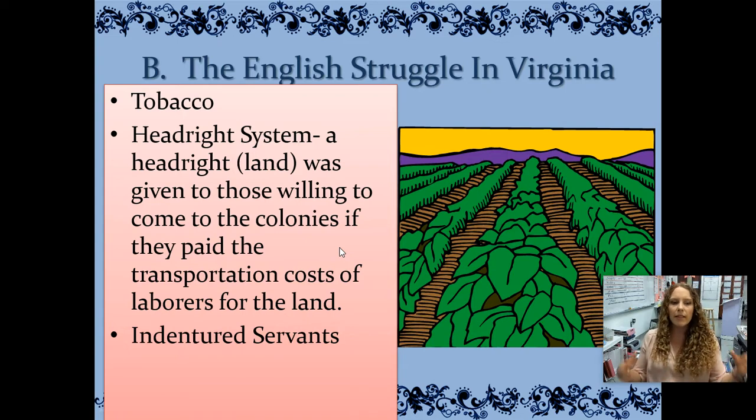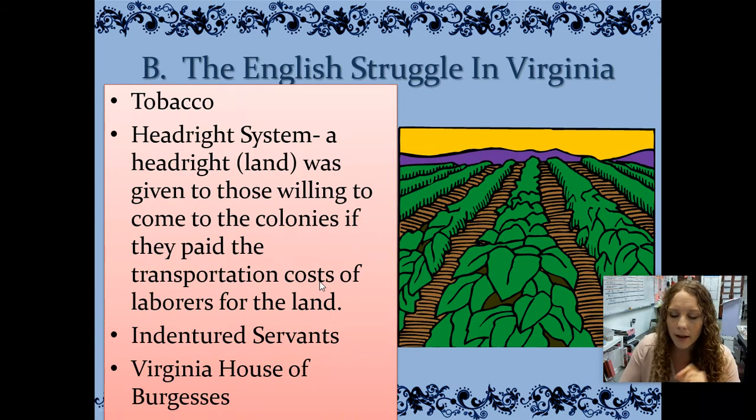And it immediately creates this system of wealthy and powerful landowners and then land laborers who don't have any legal status at all, who are beholden to someone, almost like owned by someone. That starts almost immediately. So we'll look more later at indentured servants and how that system starts to fade out of style and slavery starts to become the preferred system. But at first it was indentured servants.